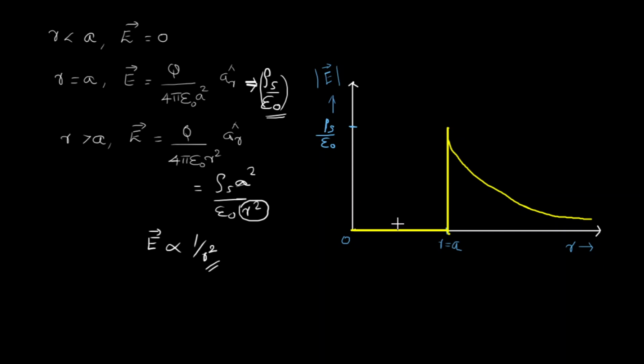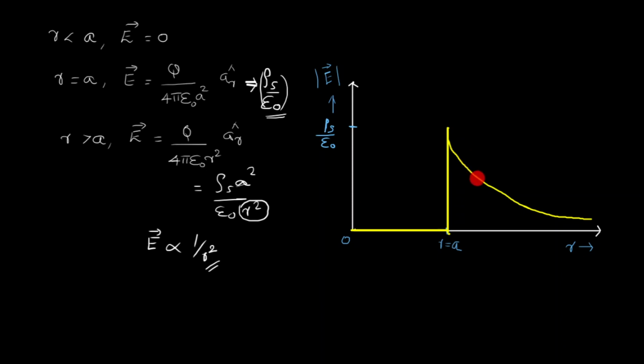So this is the graph which clearly tells me the behavior of electric field intensity in and around the spherical shell. Just to summarize, inside the spherical shell your electric field is 0. On the spherical shell you have maximum electric field, and outside the spherical shell you will have near maximum value if R is very small, that is point P is just outside.